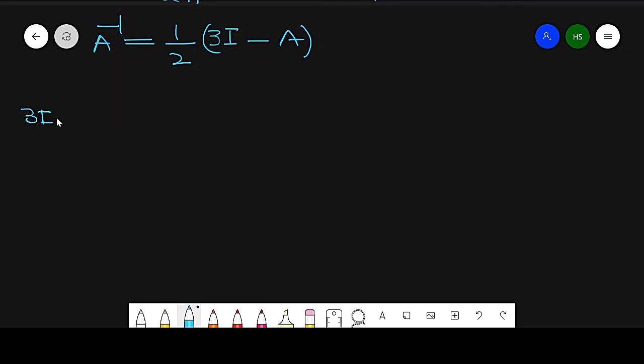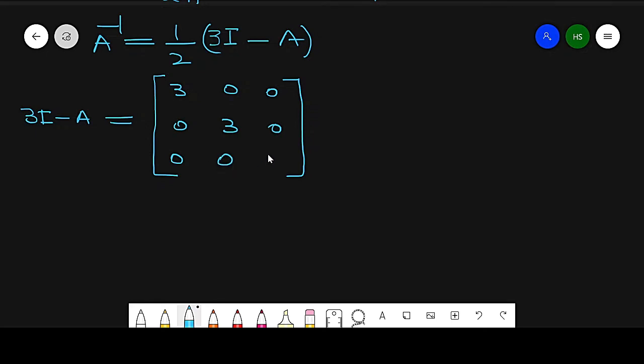So what is 3I? This is the identity matrix multiplied by 3, so this will be 3 0 0, 0 3 0, 0 0 3, minus the A matrix.